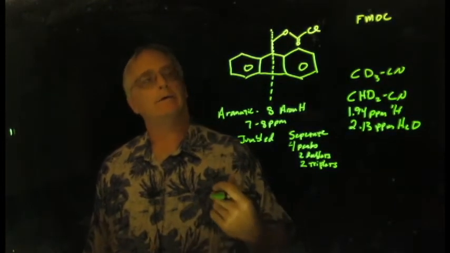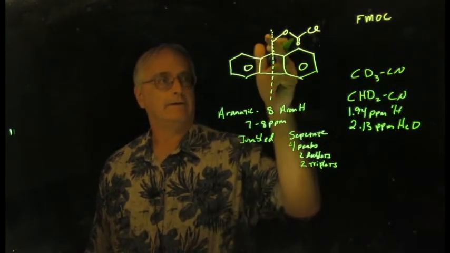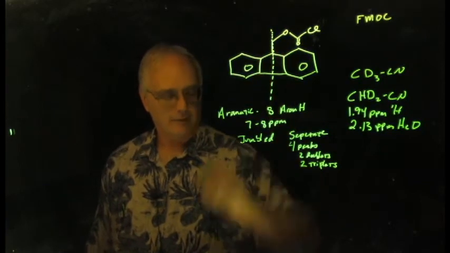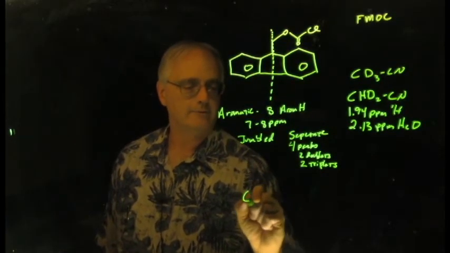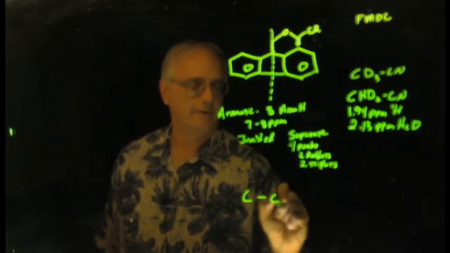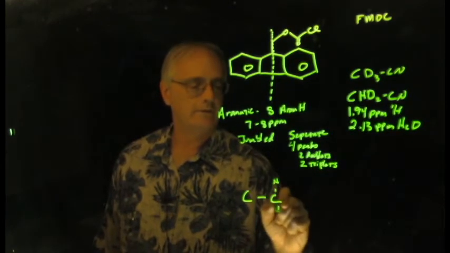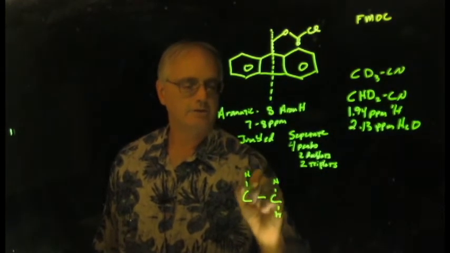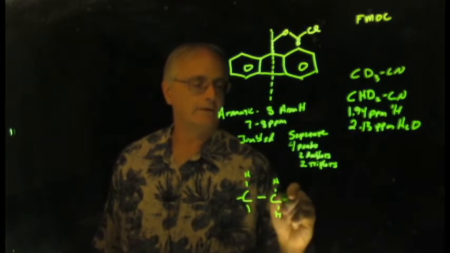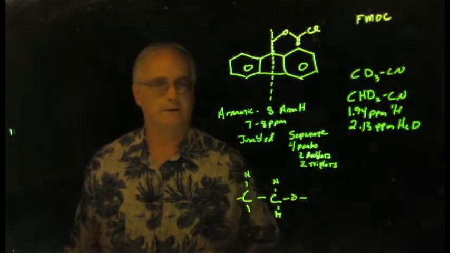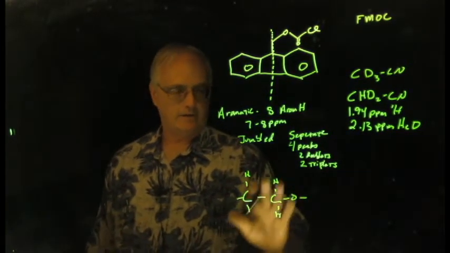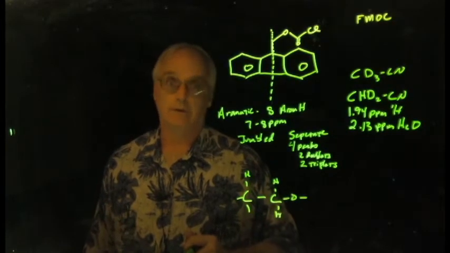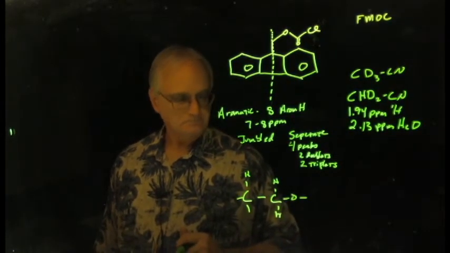The other area, of course, is the aliphatic region. There are two protons up here. Drawing it out in a little more detail, this is a CH2, CH, and the aromatic rings, and then of course the oxygen and the rest of the molecule here. These are adjacent to each other. They're going to be coupled to each other.